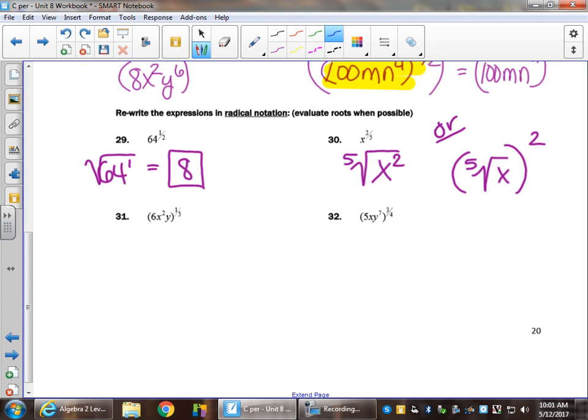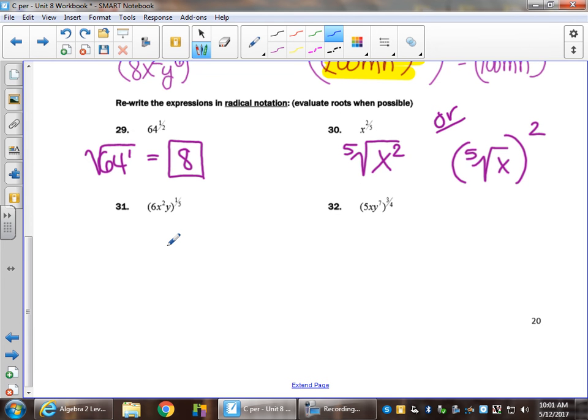31. Who wants to take a shot at 31? New voice. Shamar wanted to do it. You got this. She's going to take it. What's in the denominator? Yep. 5.